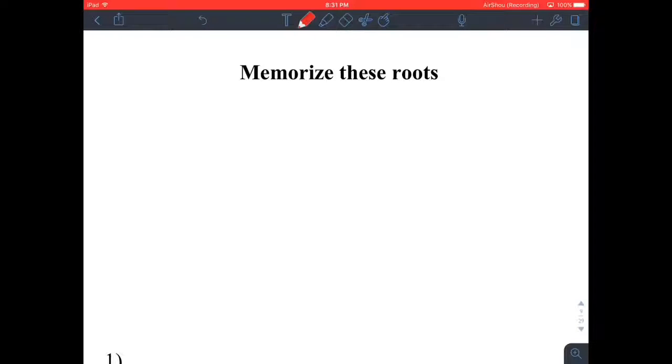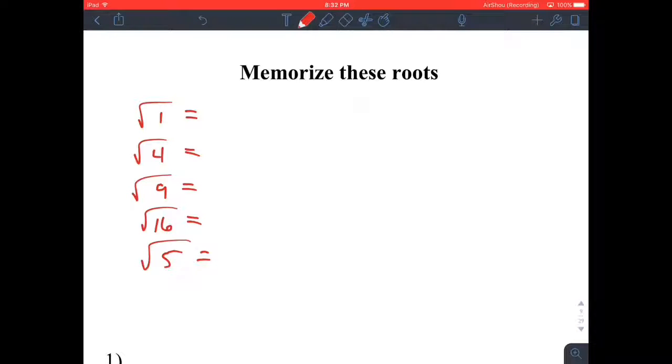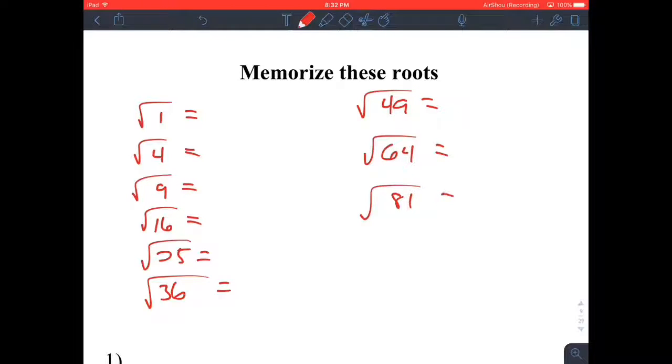Here's some roots that you should memorize. Not for the ACT, but just to be a human being alive on planet Earth. Square root of 1, square root of 4, square root of 9, square root of 16, square root of 25, square root of 36, square root of 49, square root of 64, square root of 81, square root of 100, square root of 121, square root of 144.